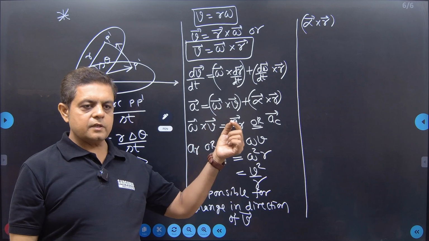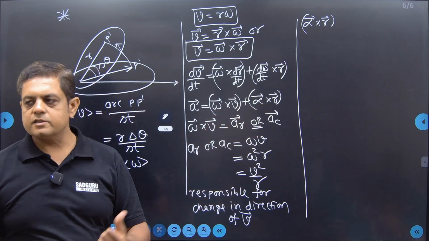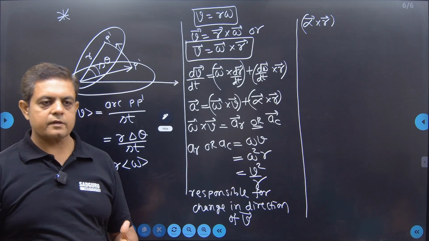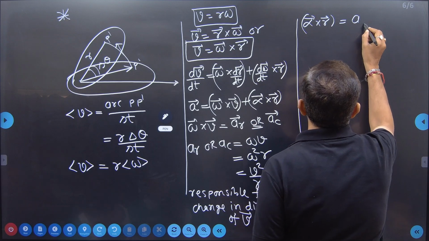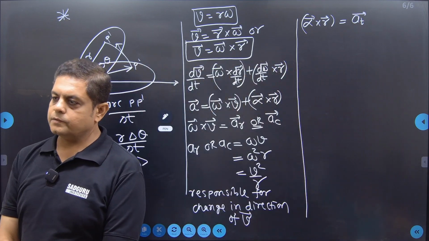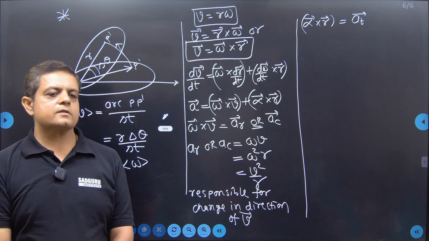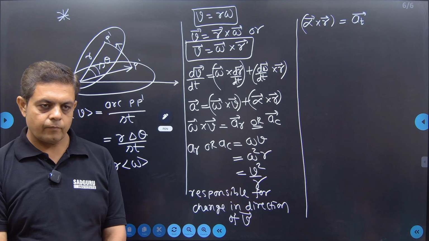Omega cross v is along radius, alpha cross r is along tangent. So it is called tangential acceleration. This component of linear acceleration is responsible for change in magnitude of velocity.